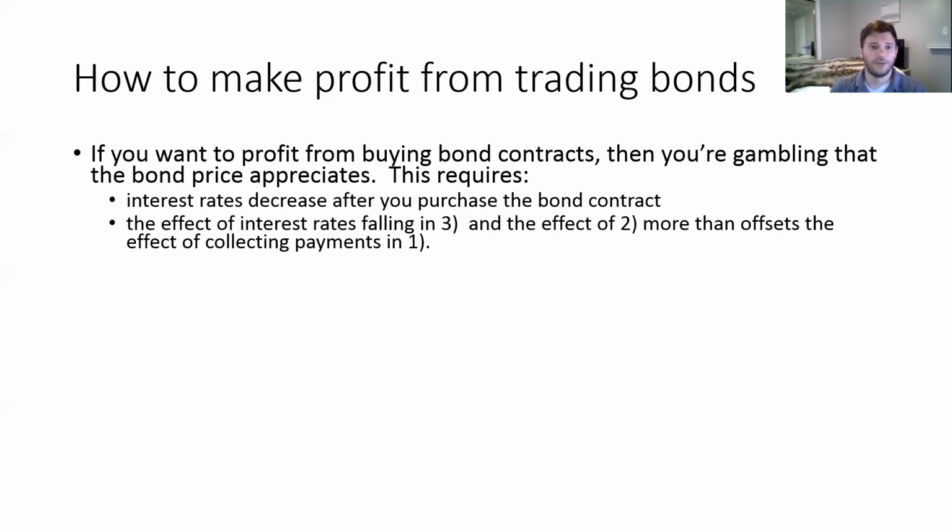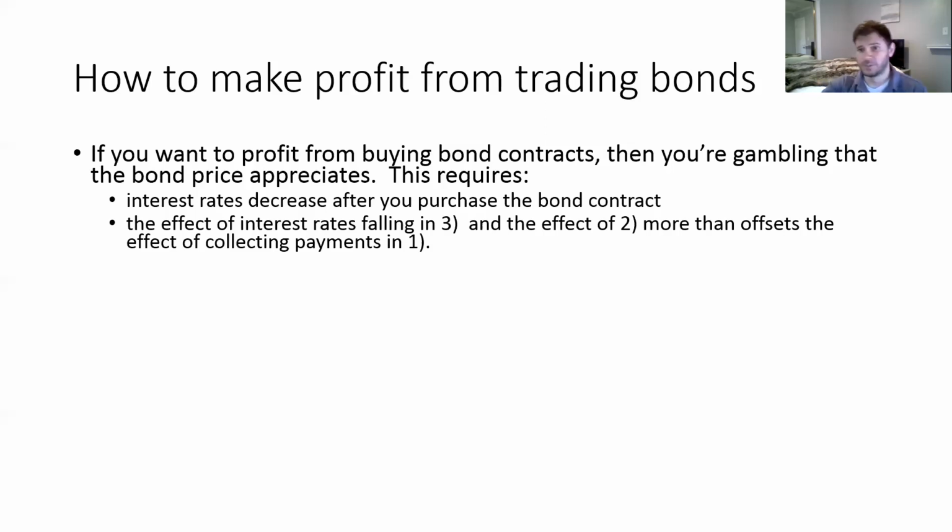If you want to profit from taking a long position in the bonds, then you're gambling that the bond price is going to appreciate, and this requires 2 things. You need interest rates to go down after you purchase the bond contract, and you would need the effects of falling interest rates in 3 and the effect in 2, which work in the same direction, to more than offset the effect of collecting the payments in number 1.